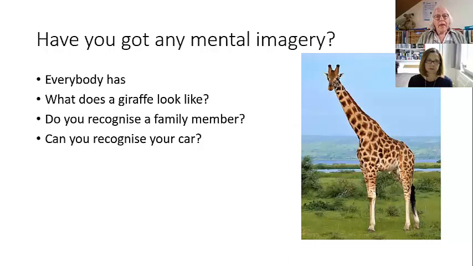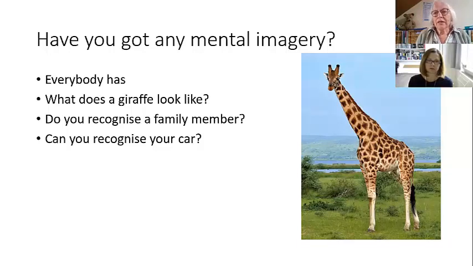So has anybody got any mental imagery to start with? Everybody has, but maybe some people find it more difficult to find it. I expect you all know what a giraffe looks like. If I said to you, what's a giraffe look like, you'll have already got long neck, small ears, horns, 4 legs, tail, lots of splotches down the side of it.